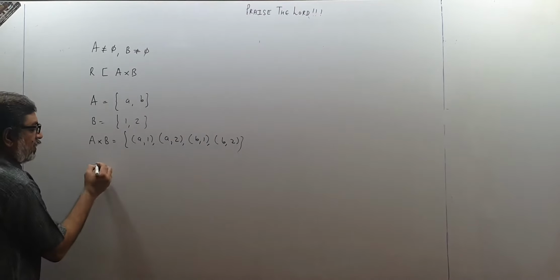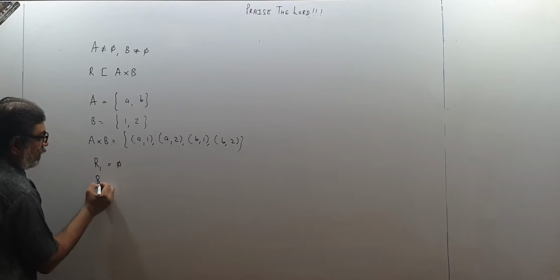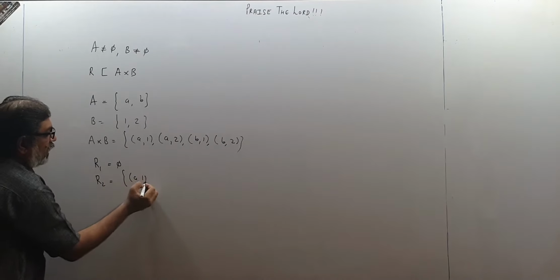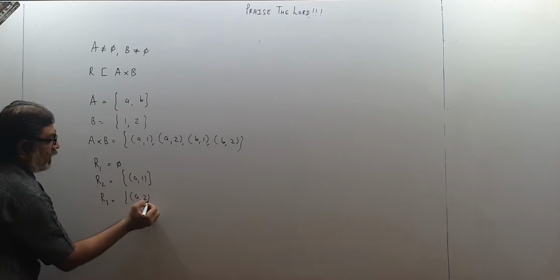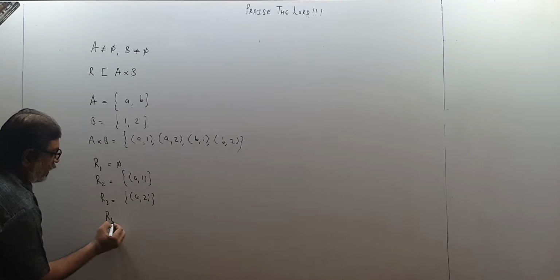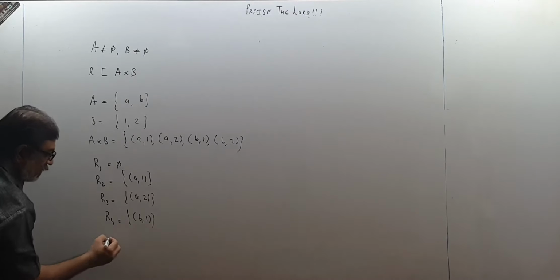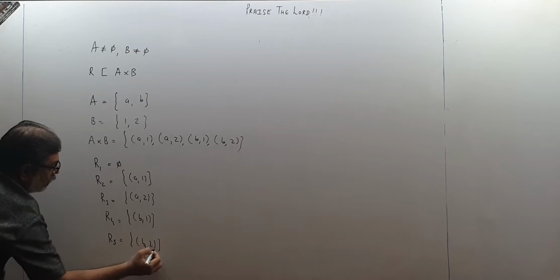Let us write. So first subset I am writing as null set. Second subset I am giving name R2. I write as a1. Second subset I write as a2. Then I write as b1. Then I write as b2.